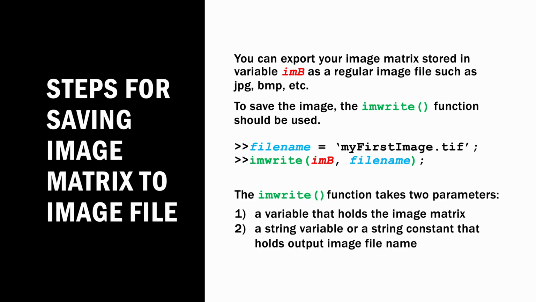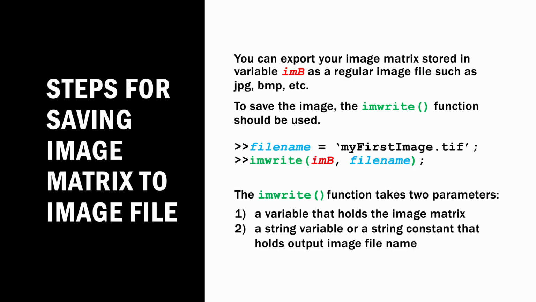In our example, the first line creates a variable called filename and stores the text myfirstimage.tif. That text is simply the desired file name. The next line calls imwrite. The first argument, imB, tells MATLAB which matrix contains the image data.